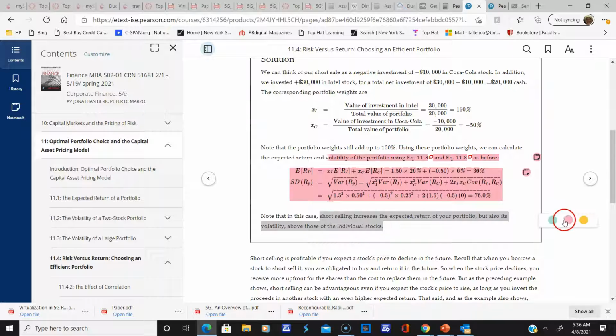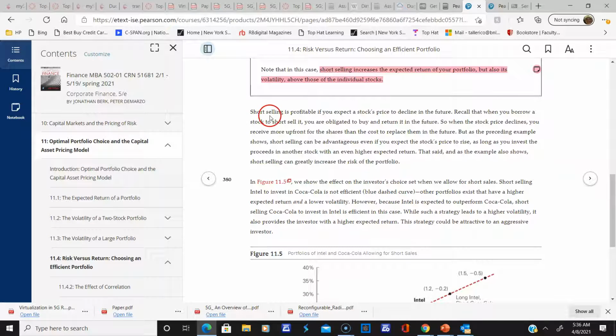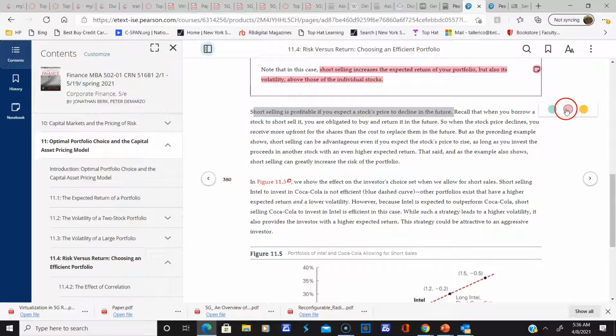This is why people short sell, but it's also why it becomes dangerous. You make money, but you take on more risk. He goes on to explain how short selling is profitable if you expect a stock's price to decline in the future, as you are all aware with GameStop.